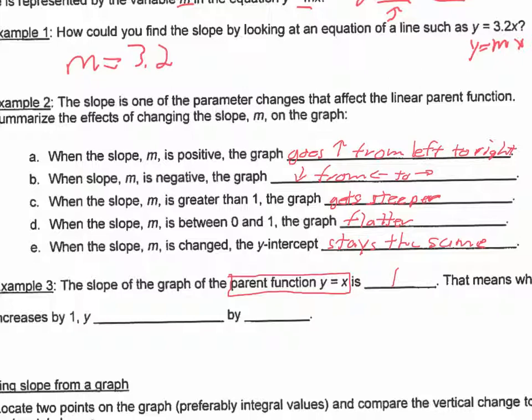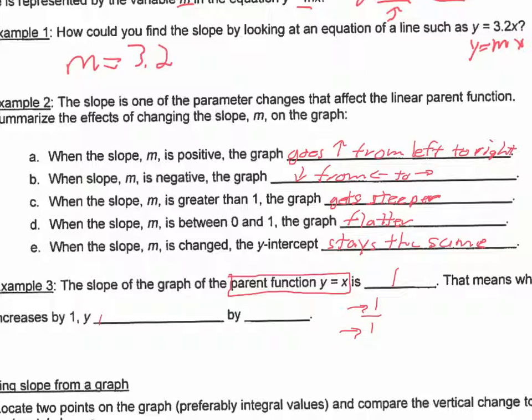That means that when the x increases by 1, okay, if my slope is 1, say 1/1, when my x increases by 1, let me do that again. When my x increases by 1, my y does what?